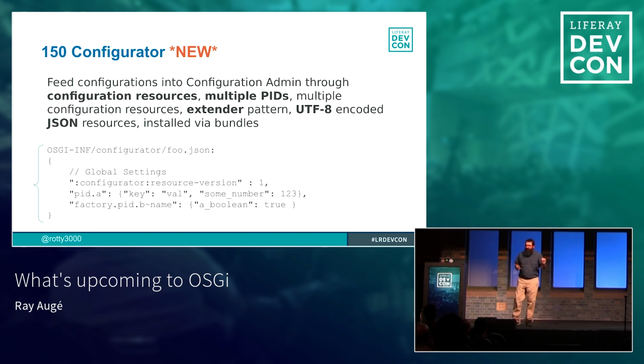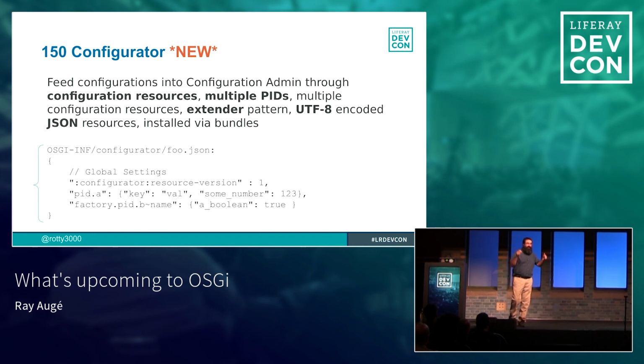You can put configuration resources inside bundles, deploy those, and then there's a lifecycle behavior on how those configurations get added to the system and are managed. And it has a well-defined type system. It uses the extender pattern, it's UTF-8, it's JSON, it's all the really cool things that we never had in OSGi for doing configuration.